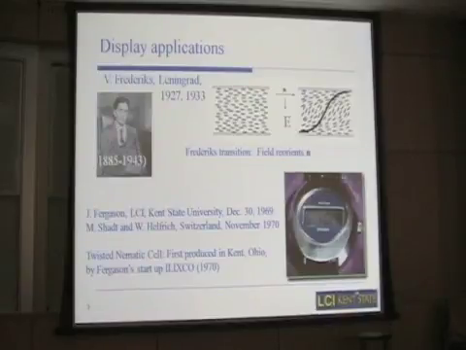And in the late 60s, Jim Fergason at Kent discovered that in a particular geometry of director orientation, in the so-called twisted nematic cell, you can achieve a very good optical contrast if you place the nematic cell driven by electric field between two polarizers. And that gave rise to all the wonderful informational displays that we are using nowadays, sometimes without realizing that most of them are working on the very same principle of the twisted nematic cell or a somewhat modified cell.